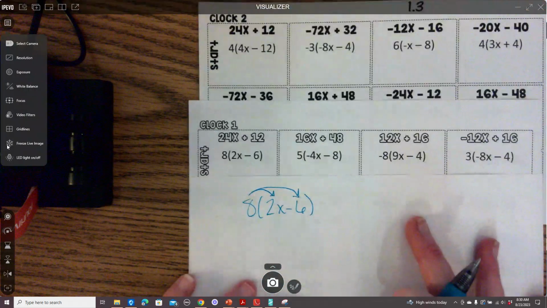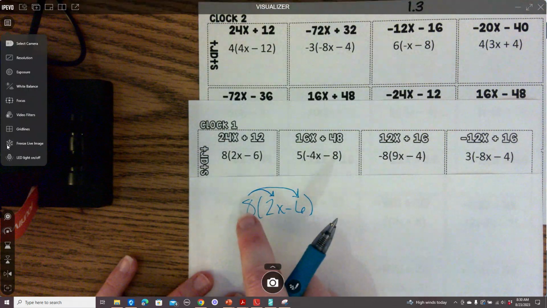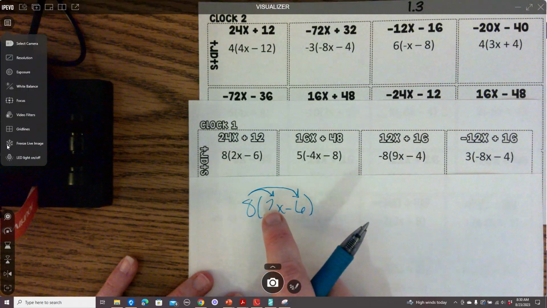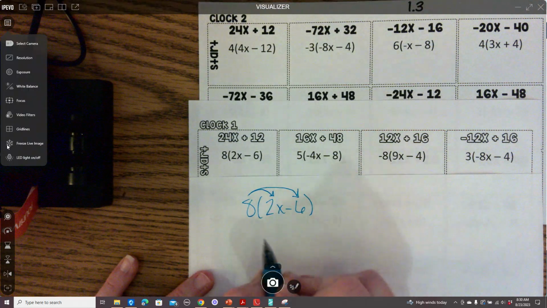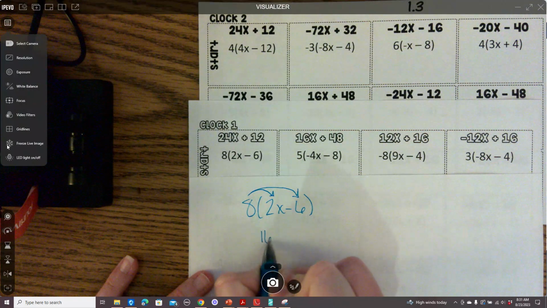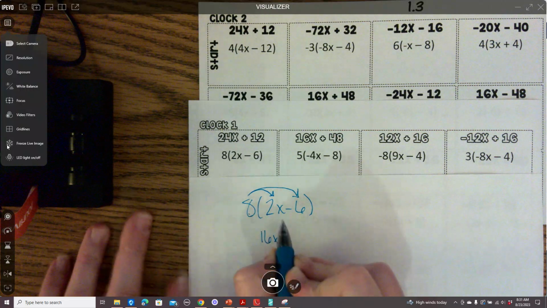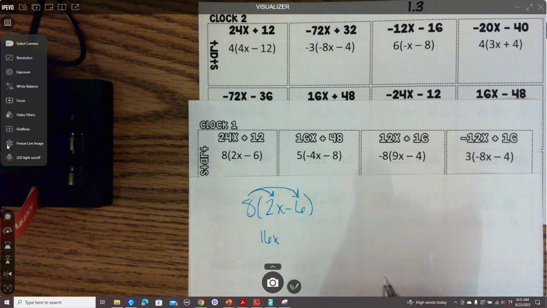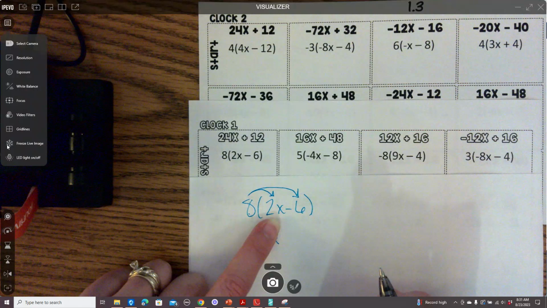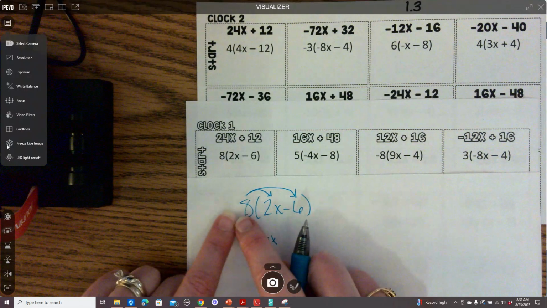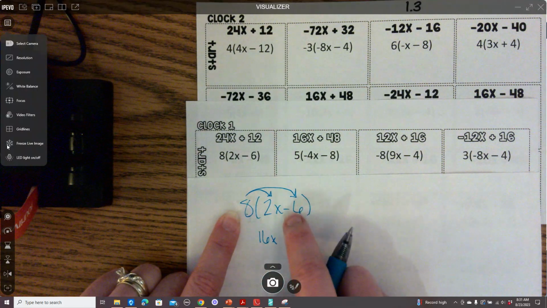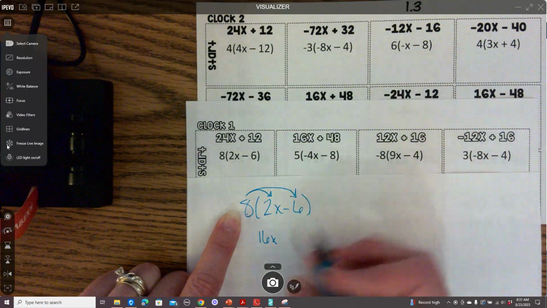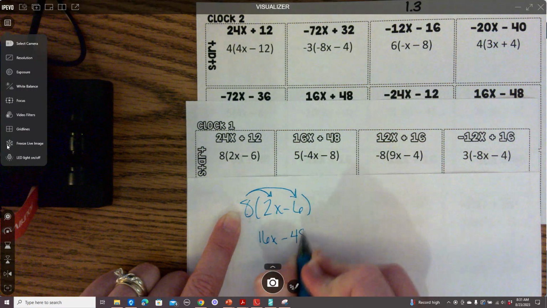And distribute just means multiply. So I would do 8 times 2x, and that would be 16x. I just do 8 times 2, tack the x on. Okay? Don't worry about the letters till the end. And then here I would do 8 times 6, but it's a negative 6. And if you need to use the calculator, that is okay. I get a negative 48.